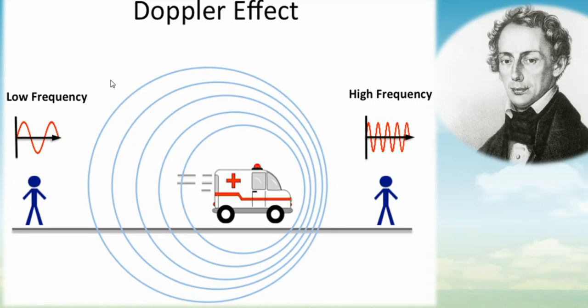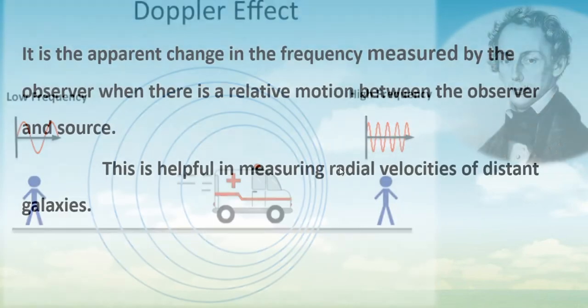In this picture, you can see an ambulance which is blowing its horn, and you can see some circles, and these are actually called wavefronts. The ambulance is blowing its horn, and the waves from this ambulance are going in all directions.